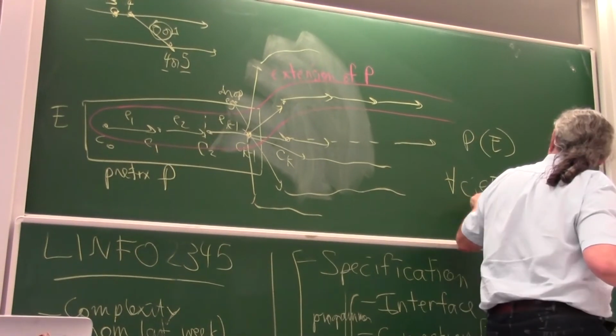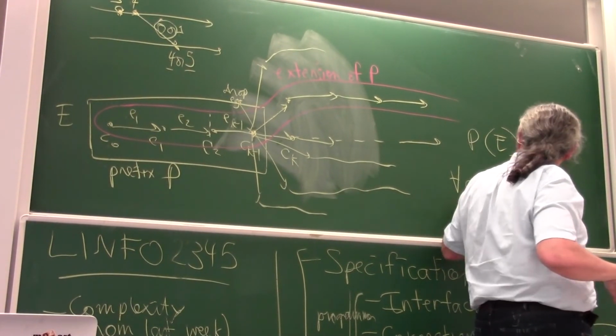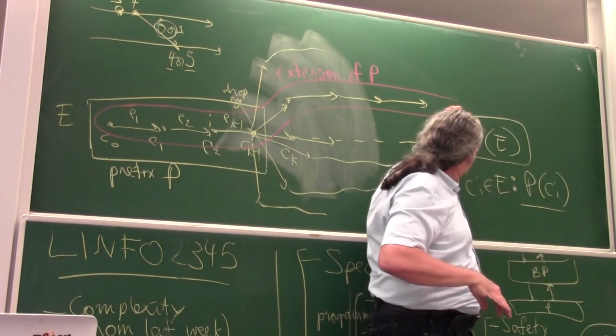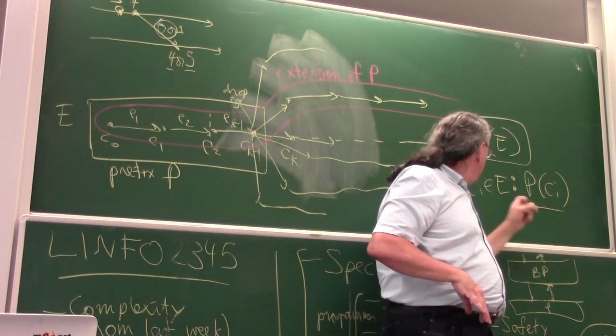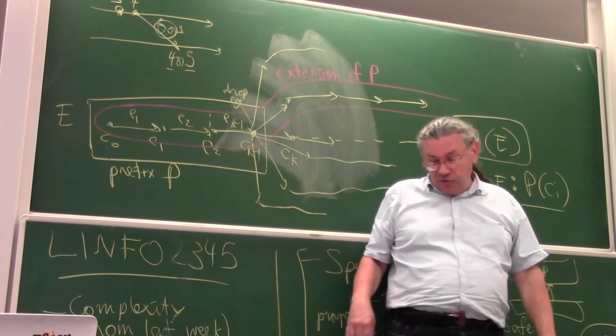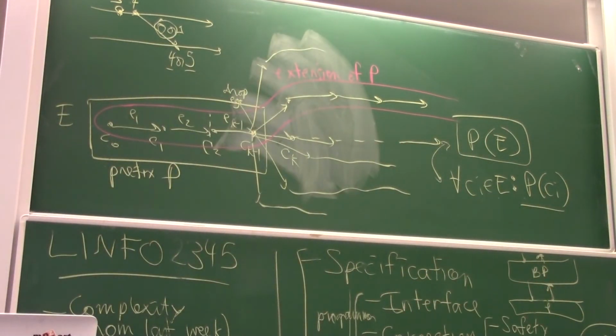For every configuration in the execution, P of Ci is true. Okay? So this is the way we define it. It's a property of a whole execution. Why don't we just define it as, for all configurations in that execution, it's true? Why not do it like that?